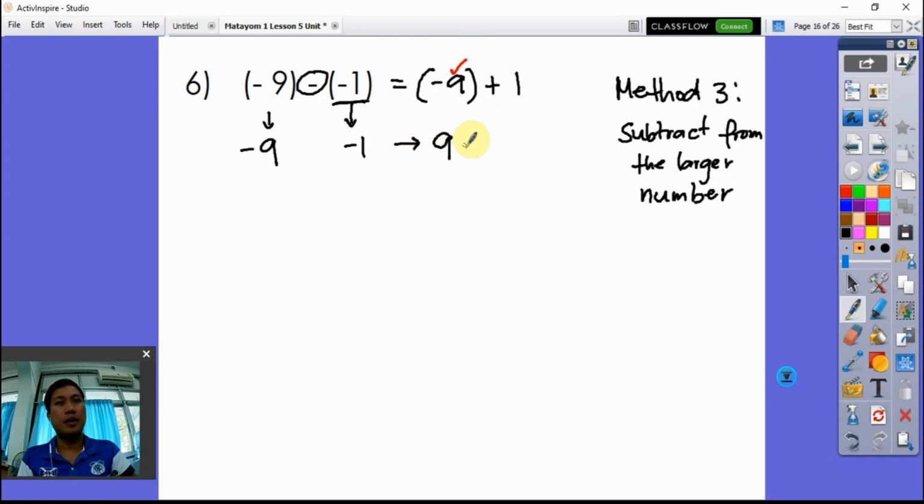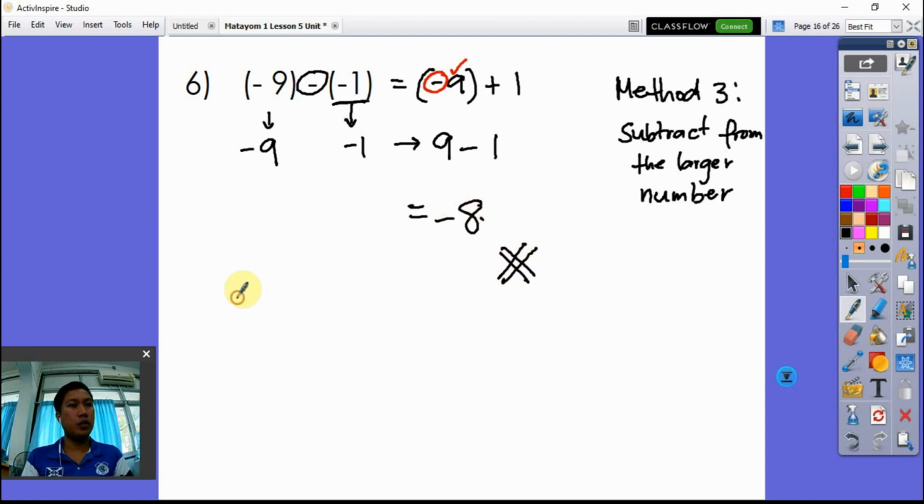So we have 9 minus 1. 9 minus 1 is equal to 8. Now we look at the sign of the larger number. The larger number is a negative number. So we will write the negative sign in front of 8. So our answer here is negative 8. So if you want to rewrite the final answer, it will look like this. Negative 9 minus negative 1 is equal to negative 8.